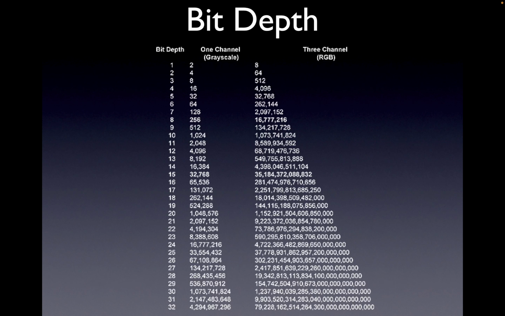Look what happens to color. In a single bit image for color, you end up with 8 colors. In 8-bit with color, you've got 16,777,000. But look at 16-bit color. In 16-bit color, you've got 281,476,710,656 possible colors.